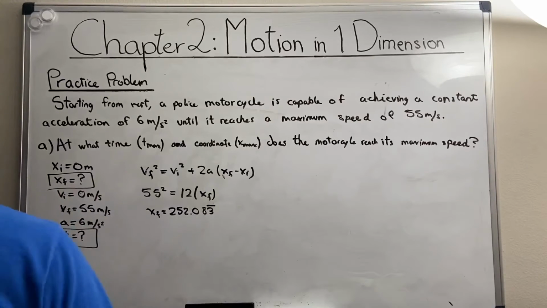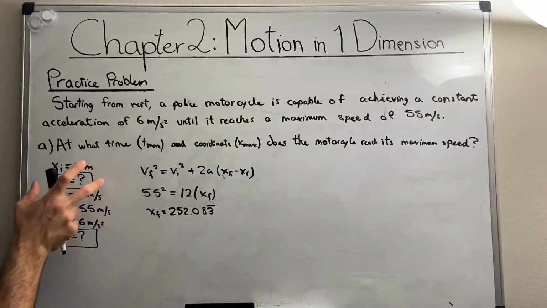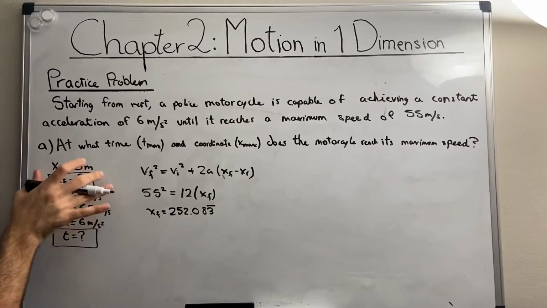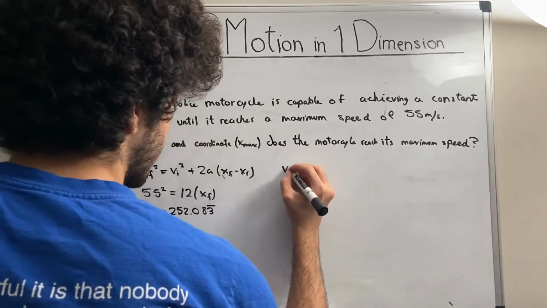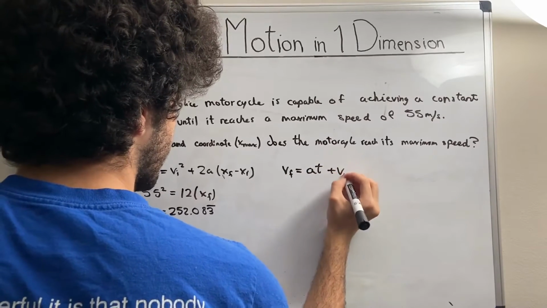The next thing that we're trying to find is the time at which that happens. Now at this point, we're trying to find the equation that does not have x final, and that would be v final is equal to at plus v initial.